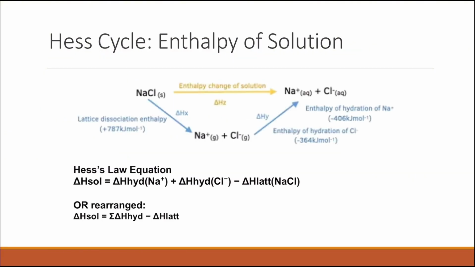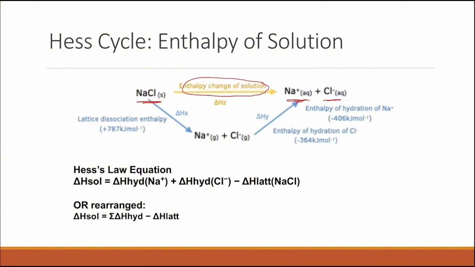So let's construct the Hess cycle for the enthalpy of solution. We have sodium chloride as a solid, and then it will be hydrated to give sodium ion aqueous and chloride ion aqueous. This is the enthalpy change of solution, which is usually the one they want you to calculate in the exam.